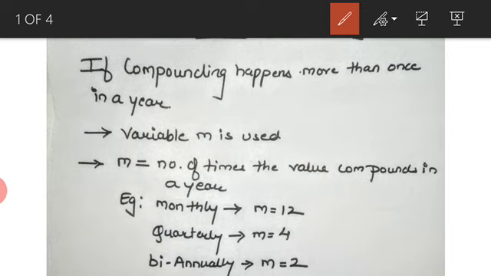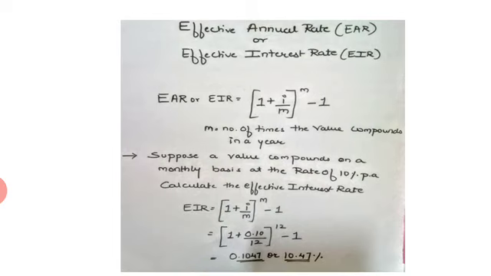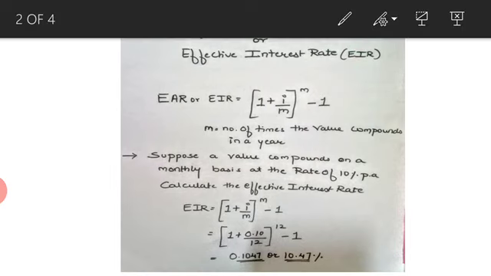Okay, let's move on to the next part, that is effective annual rate, also called effective interest rate. Now what is this effective annual rate? Whenever the compounding happens more than once in a year, the nominal rate, suppose it is 12% or 10% or 8%, whatever is given, you apply that.